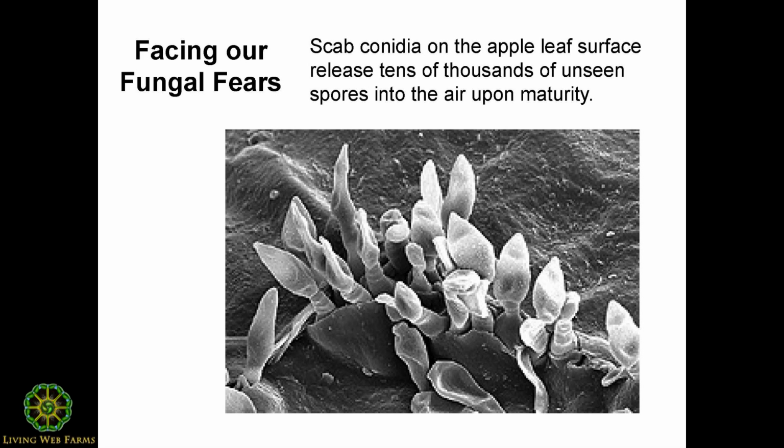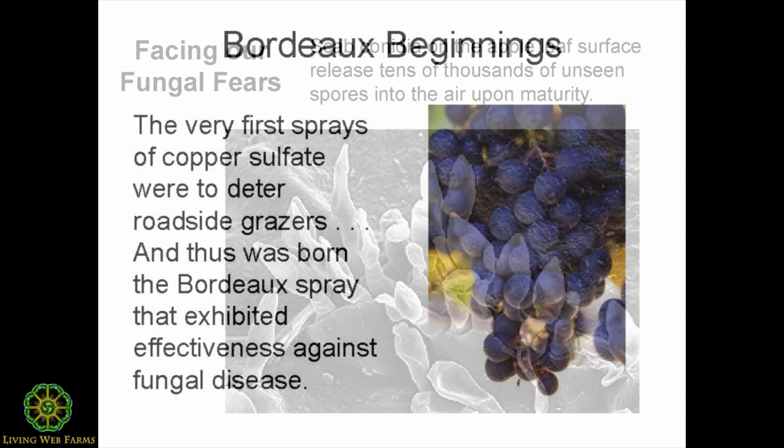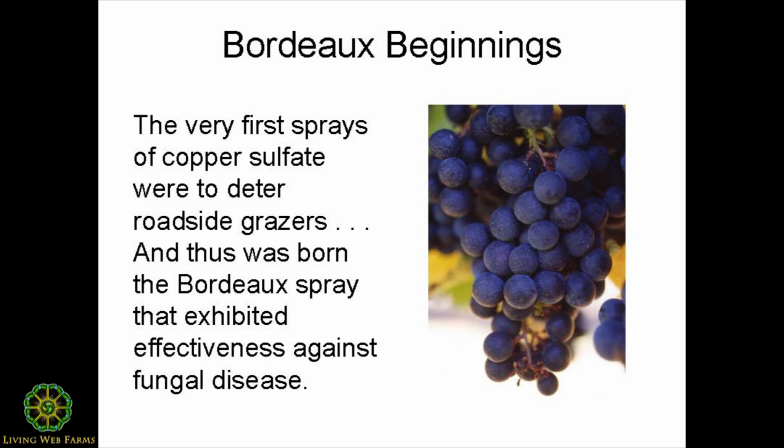So this notion of facing our fungal fears, again, is launched by understanding what's taking place here. For humans, finding materials that would have some applicability to disease began as an accident. And that accident was in France, and French grape growers were just disgusted by the people walking up and down the road.